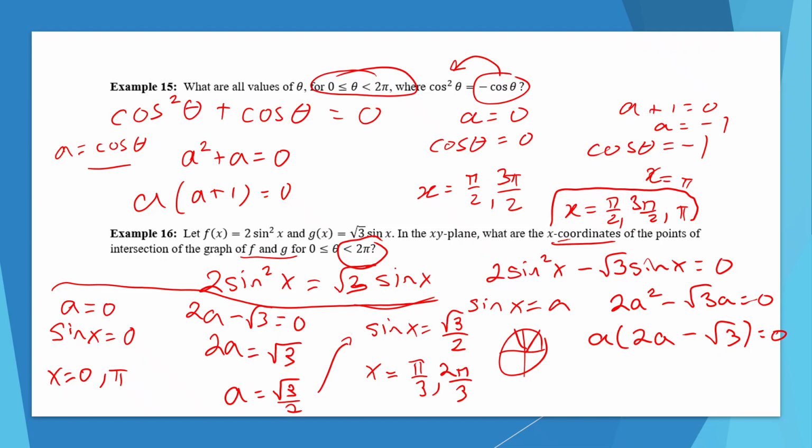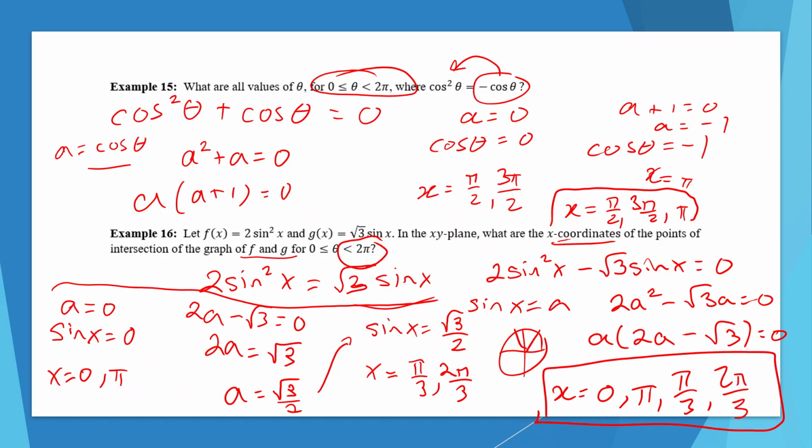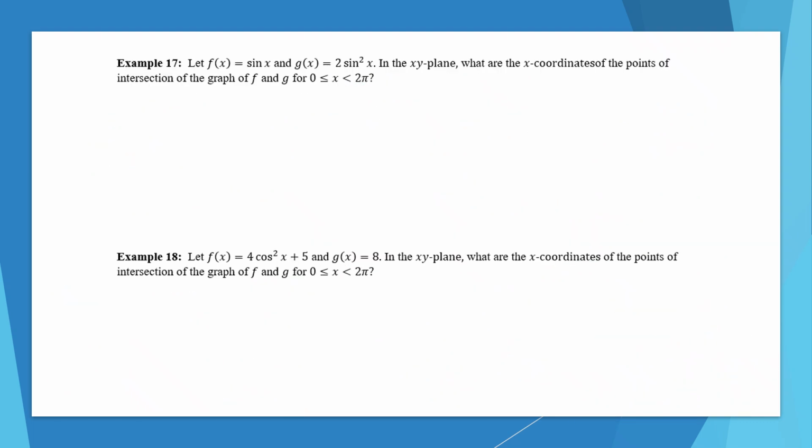And so combining these both to get our answers, we should get x equals 0, pi, pi over 3, 2 pi over 3. So just put a box around your final answer. And it doesn't matter how you order them, right? As long as I just see all the solutions, that's really what matters there. All right, so let's try 17 and 18 now.